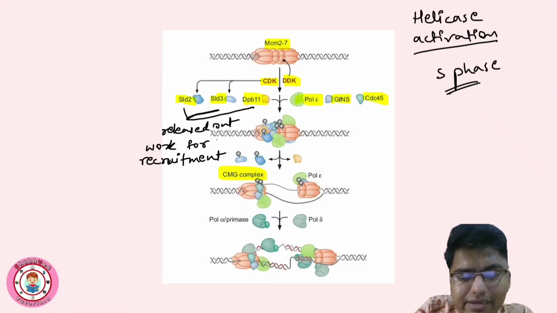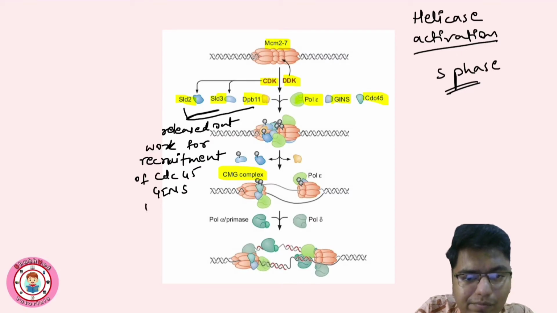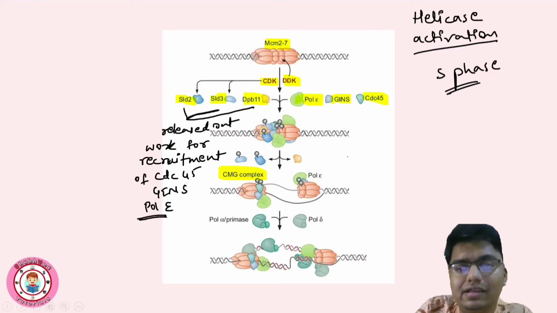Recruitment means entry or binding to DNA of CDC45, GINS, and polymerase epsilon. So we can say they are working just for recruitment, and after they are recruited successfully, they will be released.